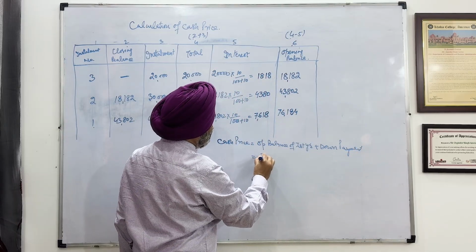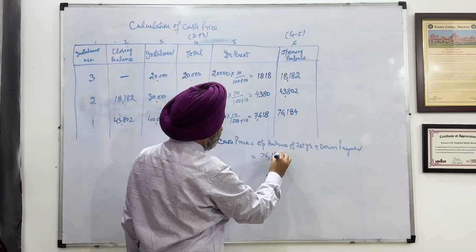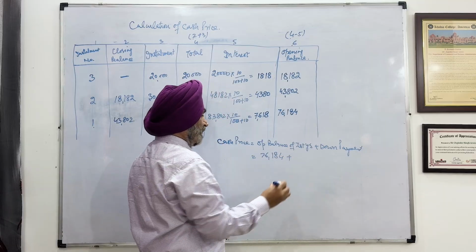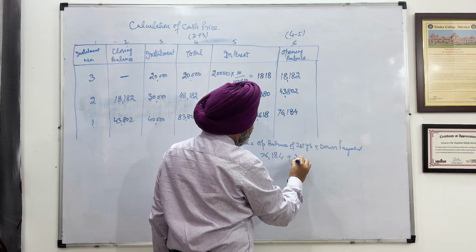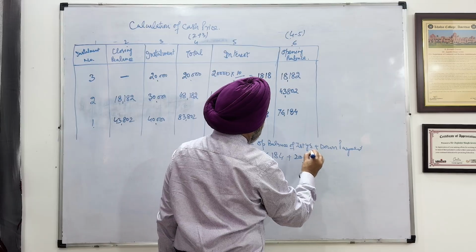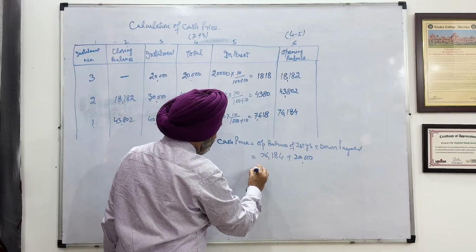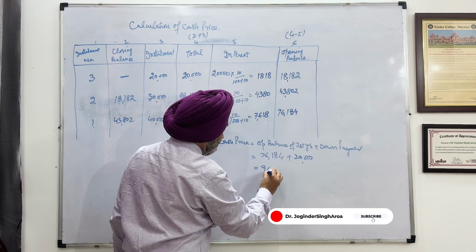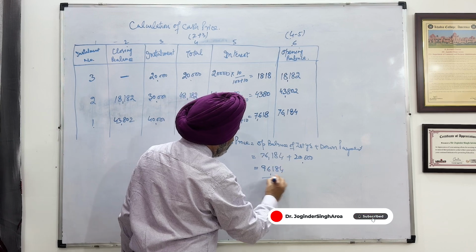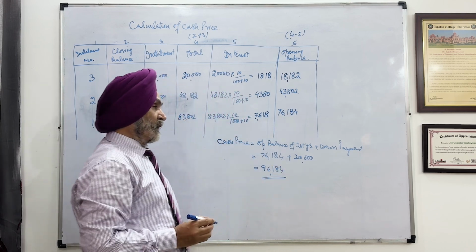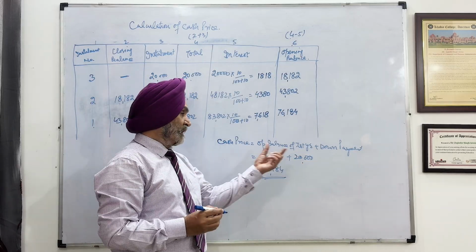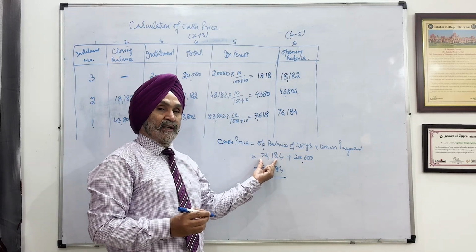So 76,184. Let us suppose 20,000 is the down payment. This is given to us in the question. So our cash price will be 96,184. If down payment is not there, then this will be the cash price.